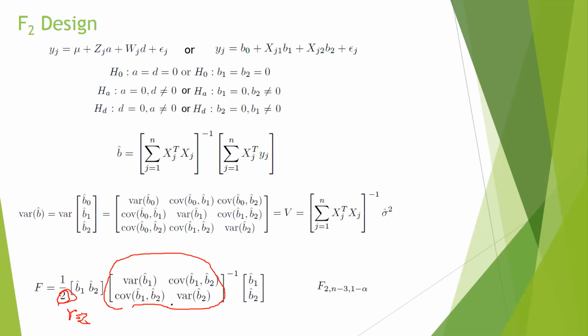If the rank of the matrix were 3, for example if you wanted to test B0, B1, and B2, this number would become 3. So that's the rank associated with the matrix. We'll come back to this point later. Good question. Thank you. Any other questions?